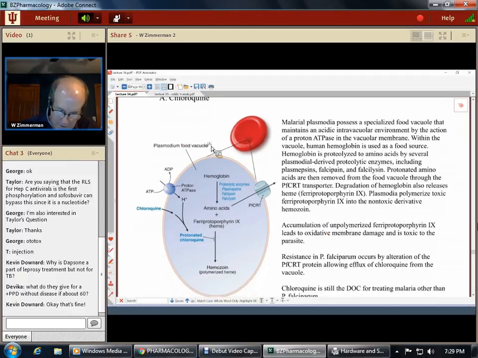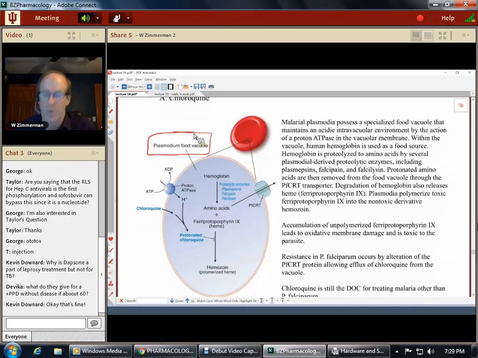Let's see, this is the Plasmodium food vacuole. And it's a specialized food vacuole. There's this proton ATPase, which is crucial because therefore we have an acidic environment.